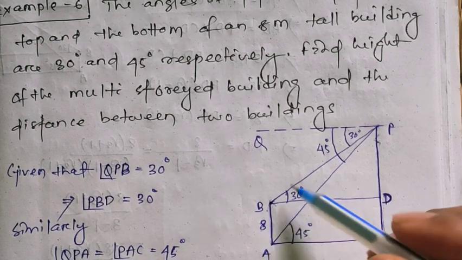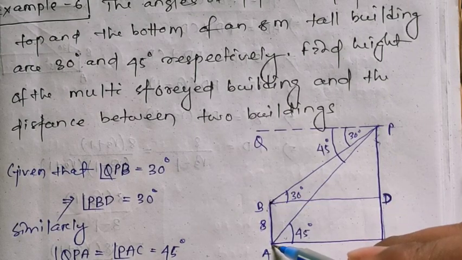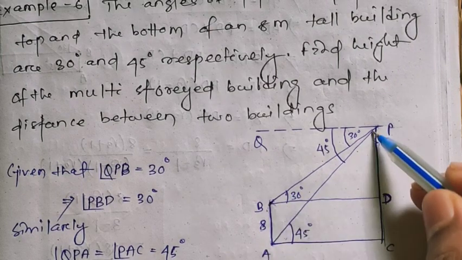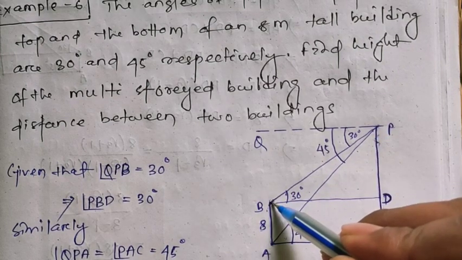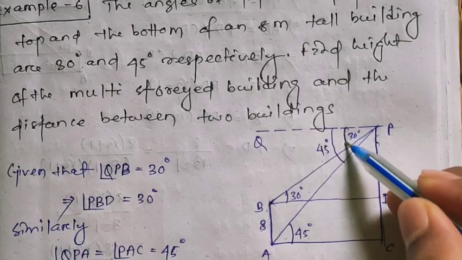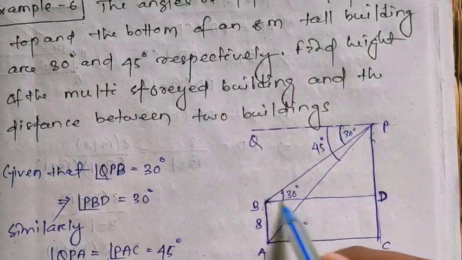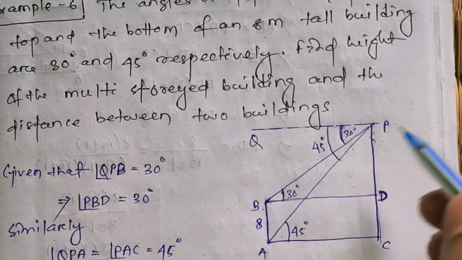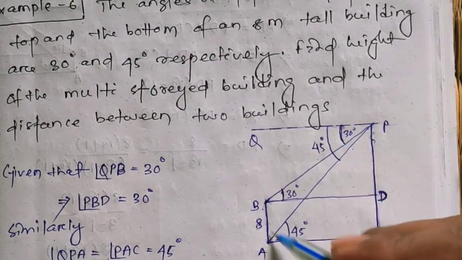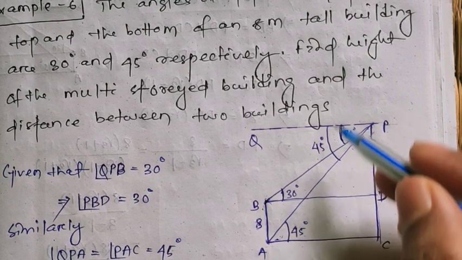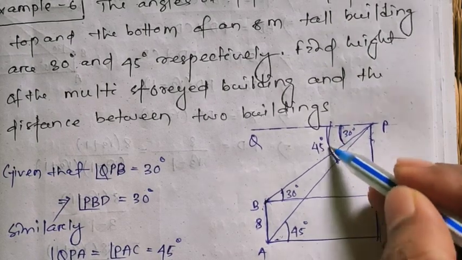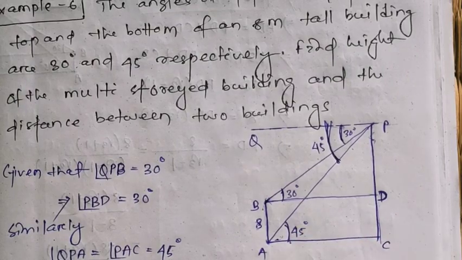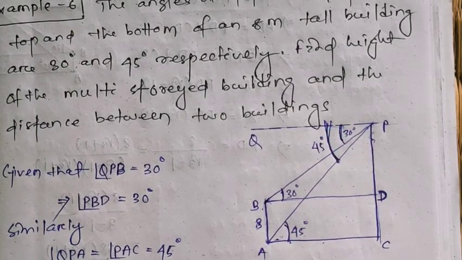From point P to point B, the angle of depression is 30 degrees. This line is parallel to this, so this angle is also 30 degrees. Similarly, the angle of depression to the bottom of AB is 45 degrees, so I can write this as 45 because this is parallel to this.